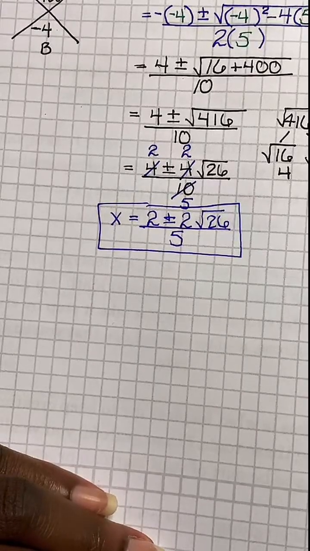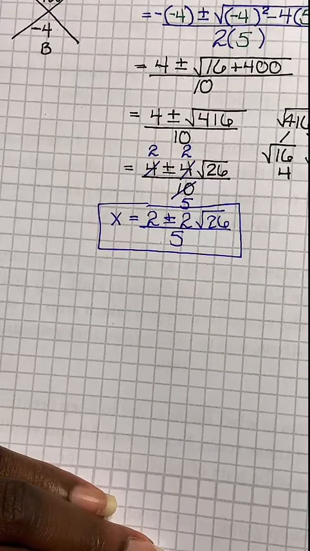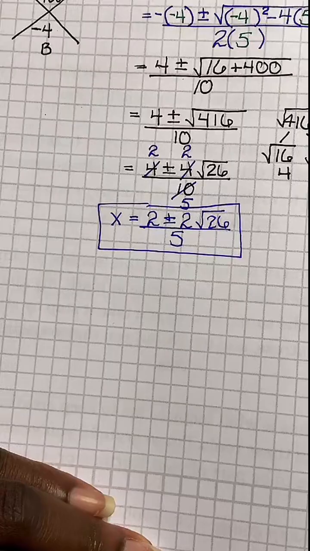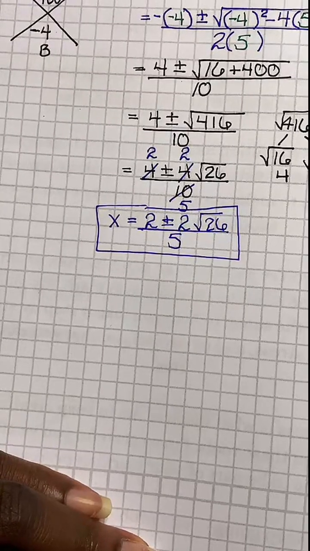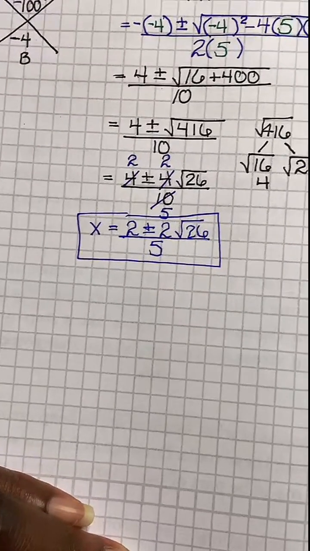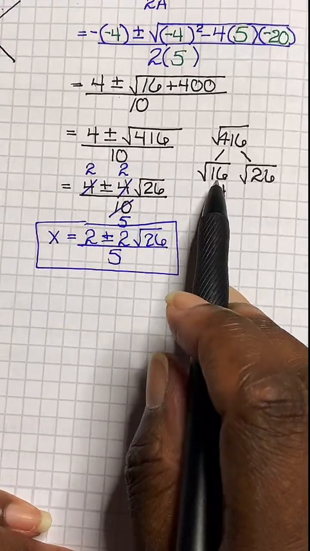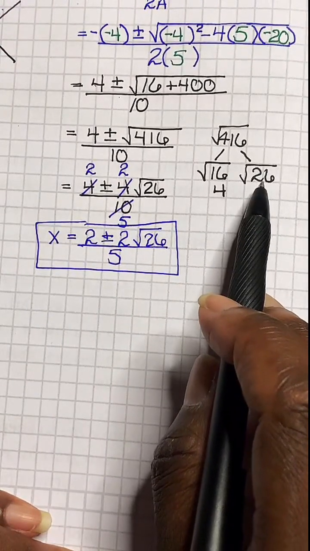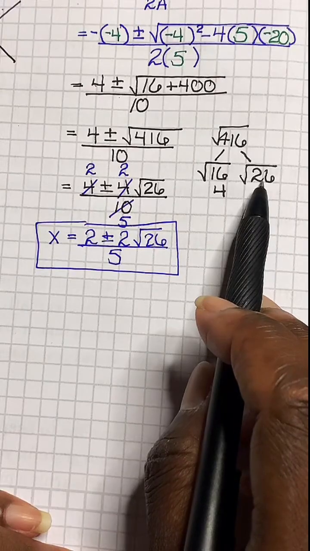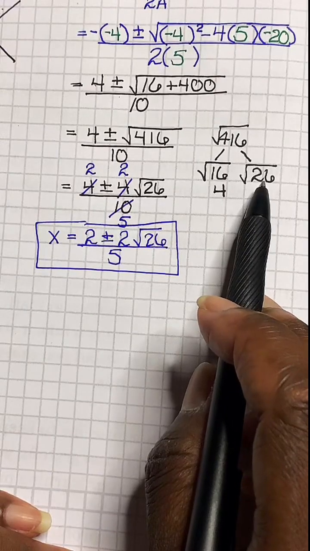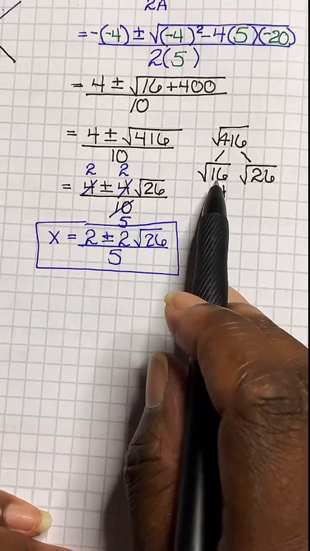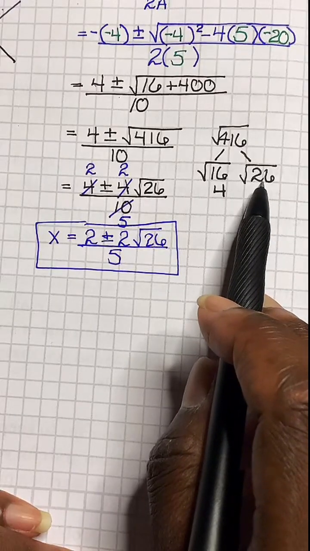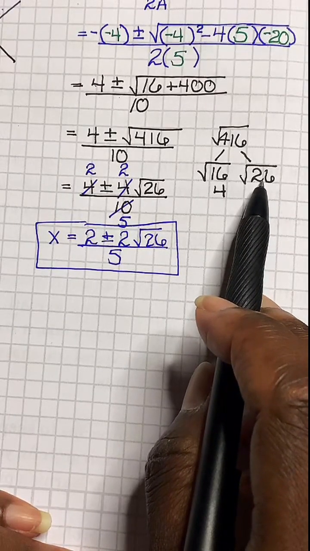So 16 times 26 gives us our 416. That's where the 16 and 26 came from. Okay. So 16 times 26 will give me my 416. And the 16 is a perfect square, whereas the square root of 26 is prime.